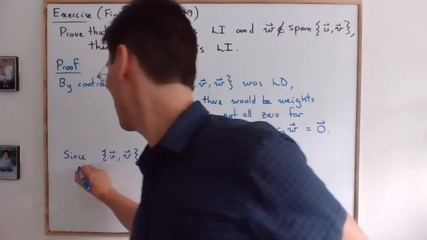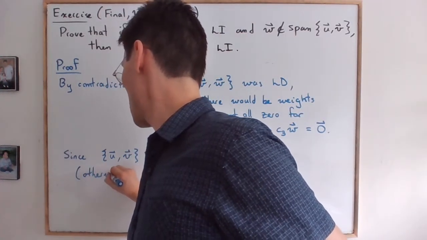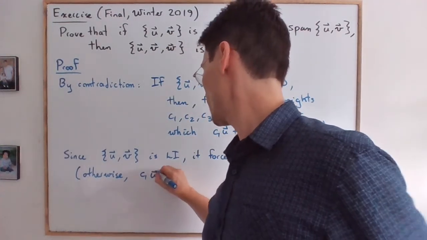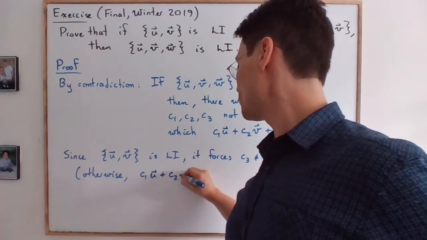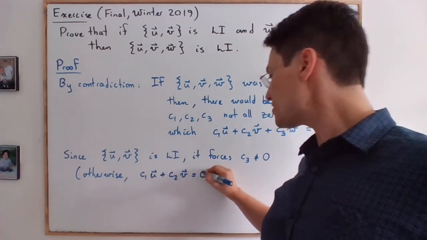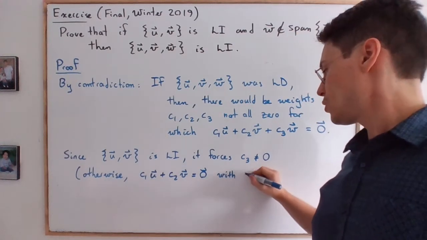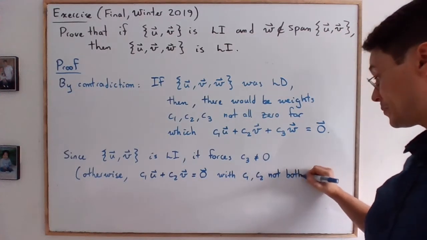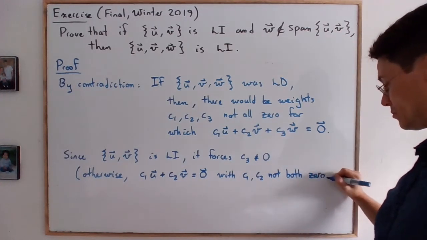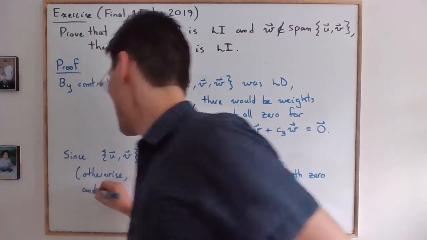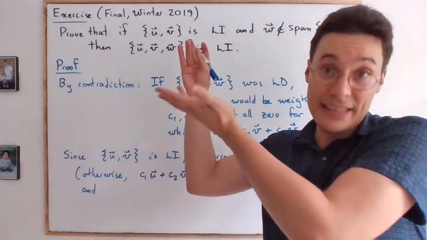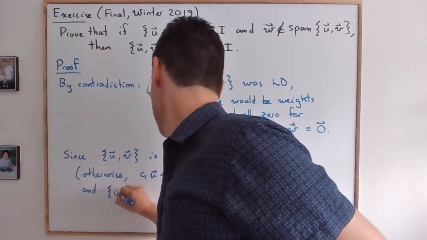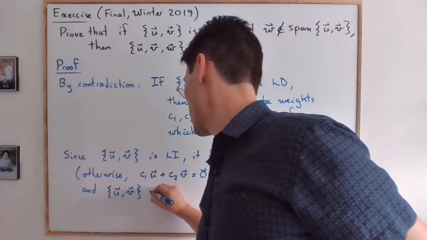Otherwise, C1 U plus C2 V would be equal to 0 with C1, C2 not both 0, and that would contradict linear independence of the set U, V. U, V would be linearly dependent.